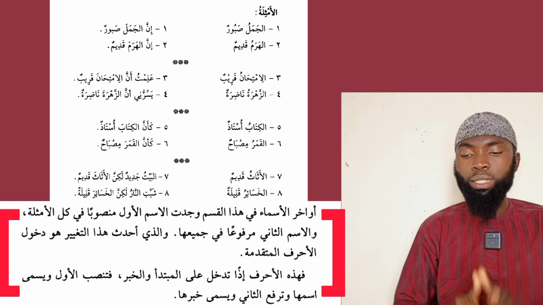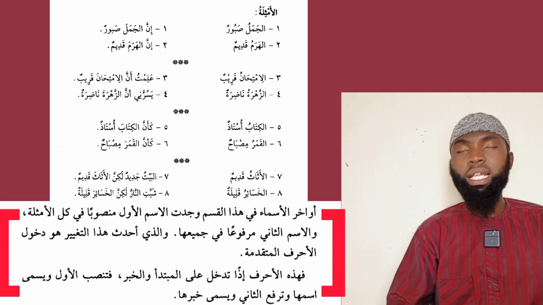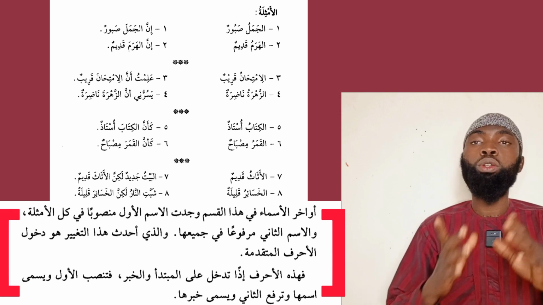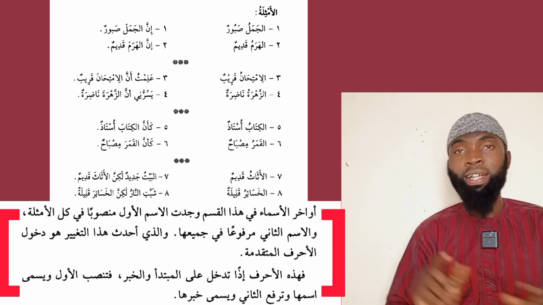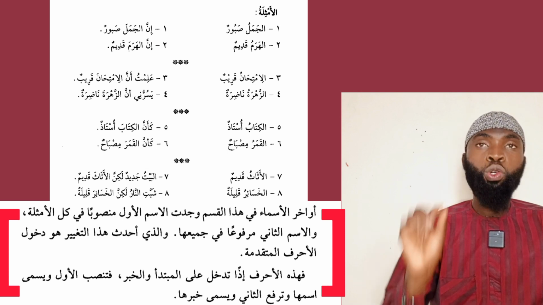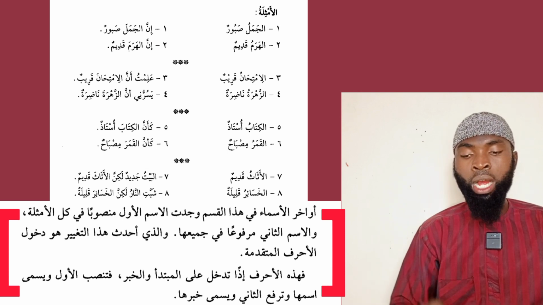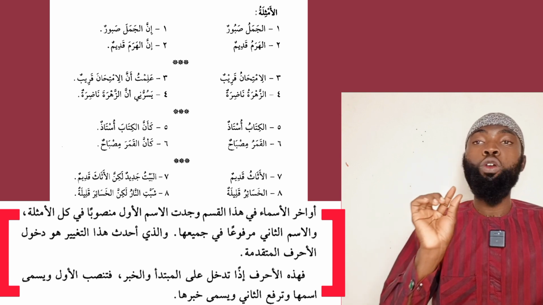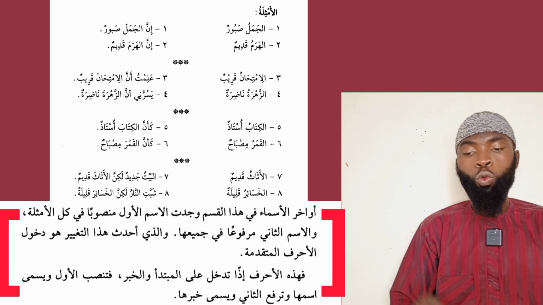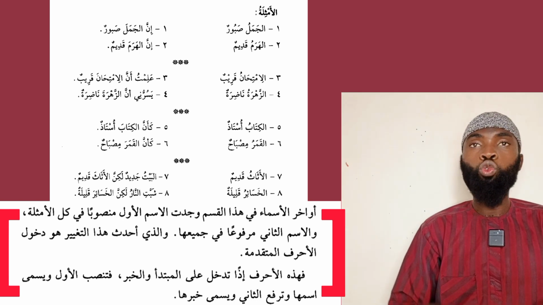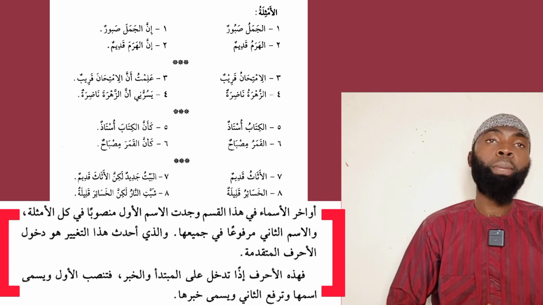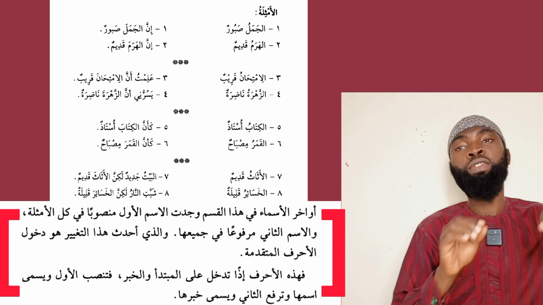Therefore, these particles, تدخل على المبتدأ والخبر, are usually introduced to the mubtada, the subject noun, and the predicate. فتنصب الأول, and they will put the first noun into the accusative case carrying fatha, ويسمى اسمها, and the first noun will be called the ism, the noun of that particular particle. وَتَرْفَعُ الثَّانِي, and these particles will make the second noun carry dhamma, وَيُسَمَّى خَبَرَهَا, and the second will be called the khabar, the predicate of the particle.